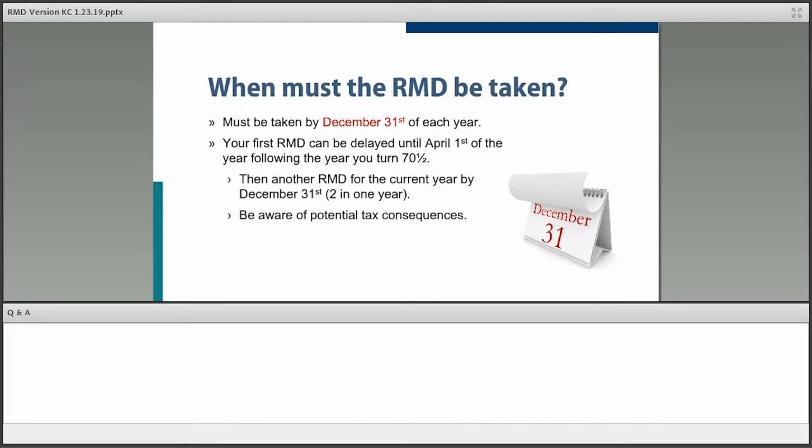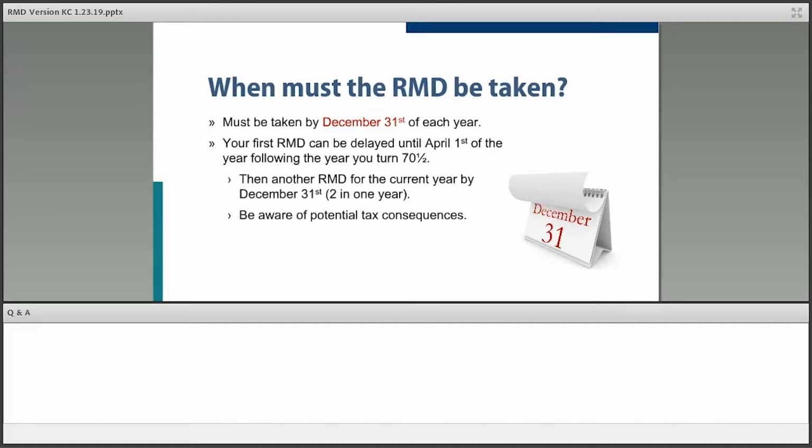And sometimes where that can be problematic is as people go to figure their taxes, that then gives them two minimum distributions in one year and sometimes can give them more taxable income than they desired for that year.